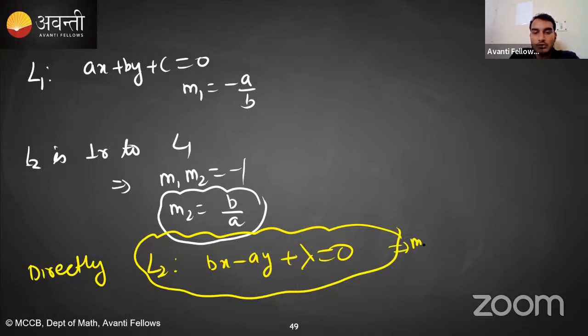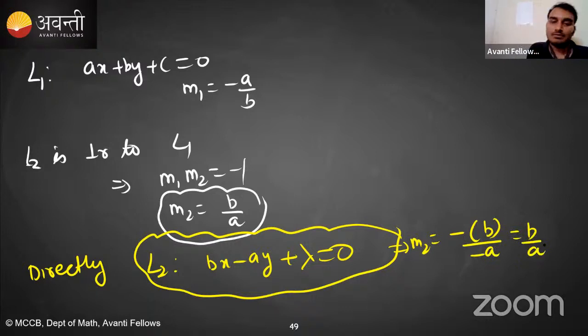If I ask you the slope m2, what will you say? Minus coefficient of x upon coefficient of y, which is nothing but b by a. Right? Is this clear, students? Let me know quickly in the chat box. Is there any doubt? All clear? Okay, very good.